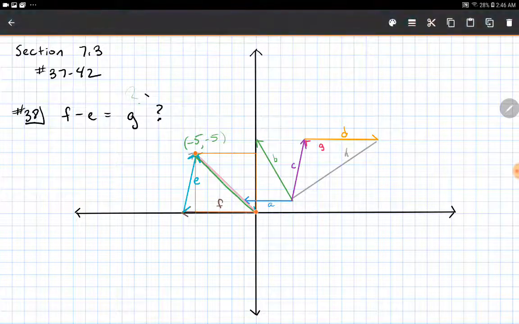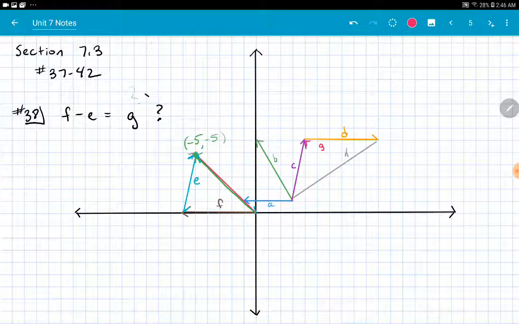So I can see that F minus E does equal G based on shifting things around and looking at the lengths and where they end up. Another way to do that is by thinking about, from the original diagram, the magnitude and the direction of F, and the magnitude and the direction of E, and subtracting them.